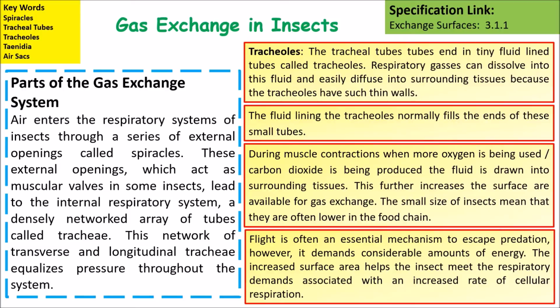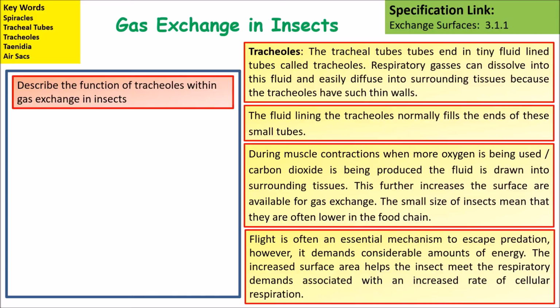In some insects, flight is an essential mechanism to help them escape predators, and it demands a lot of energy. So this increase of surface area at the end of the tubes helps a lot more oxygen diffuse into the muscle cells of the insect, and the carbon dioxide produced by respiration to diffuse back out.